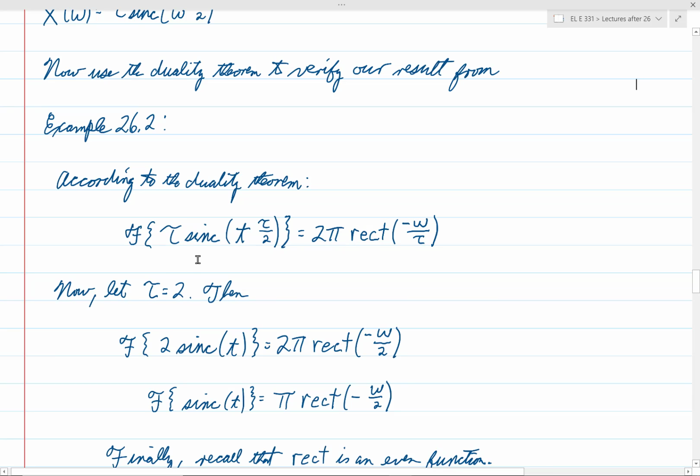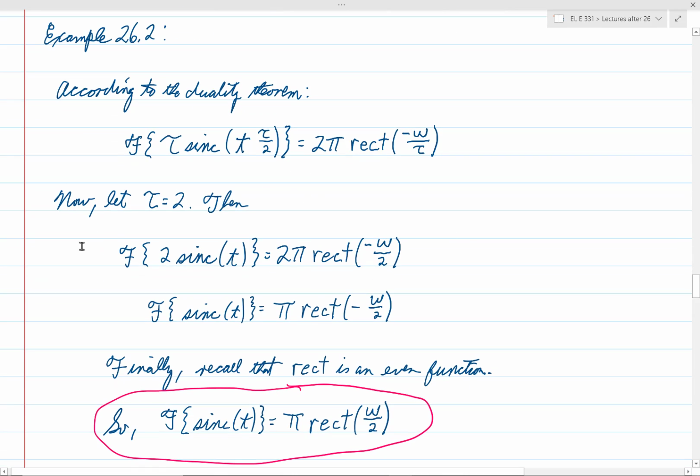And so on the left-hand side, that becomes the Fourier transform of 2 sinc, and when tau is equal to 2, that cancels, so we just have 2 sinc t. And then over on the right-hand side, we'll have 2 pi rect of minus omega over 2, since tau is 2. And then we multiply both sides of the equation by 1/2, so we have the Fourier transform of sinc of t on the left-hand side, and pi times the rect of minus omega over 2 on the right.